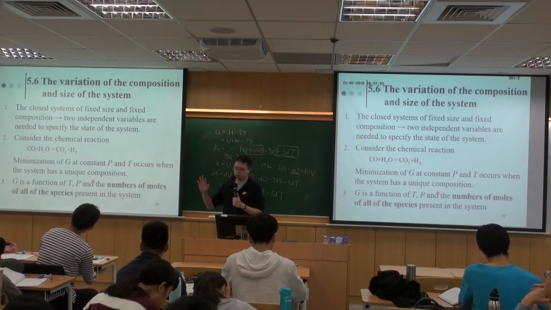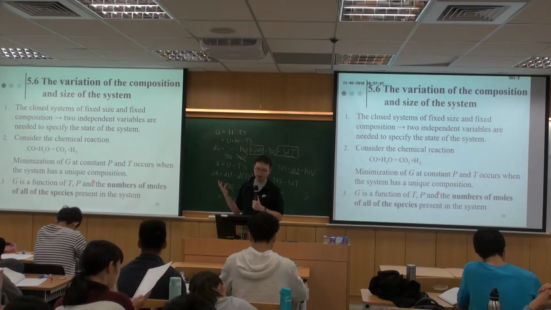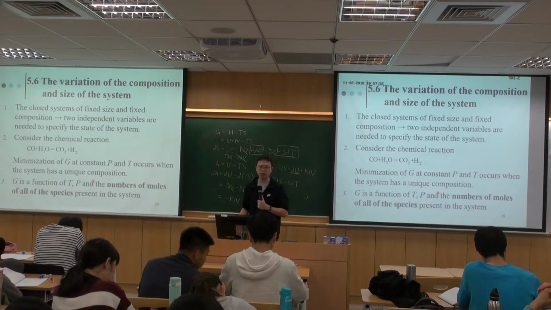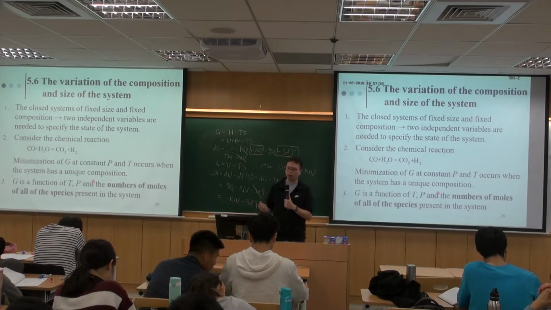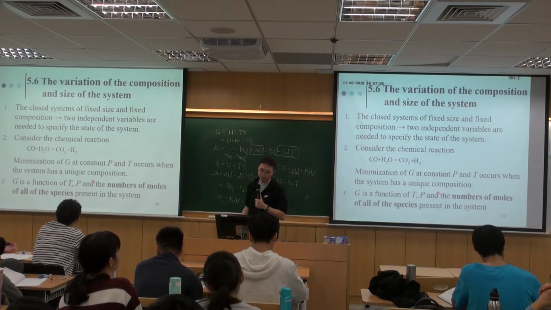So previously, what we mentioned was all without the change of composition. For instance, just a single phase, no change in the number of particles, and no work other than PV work.